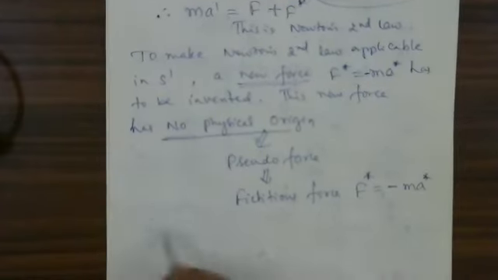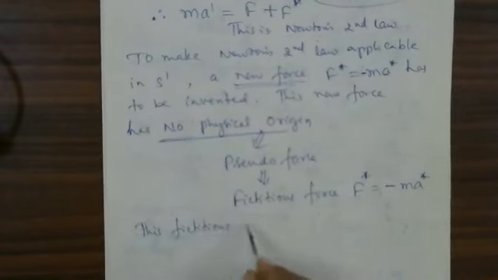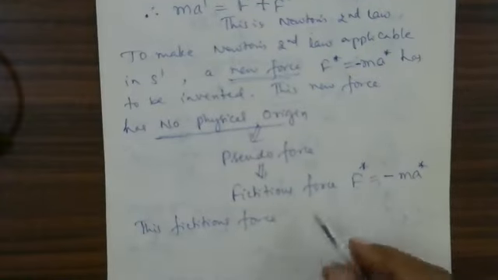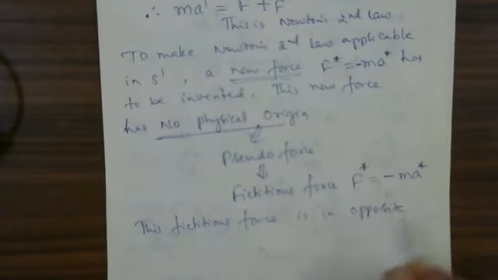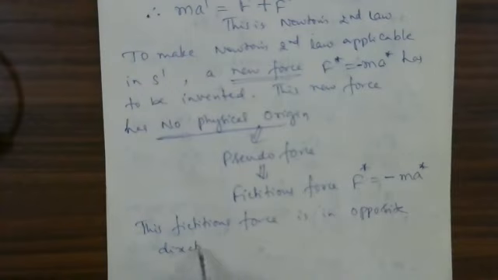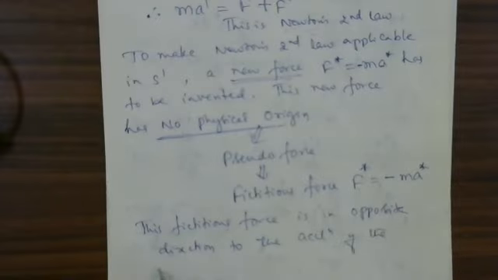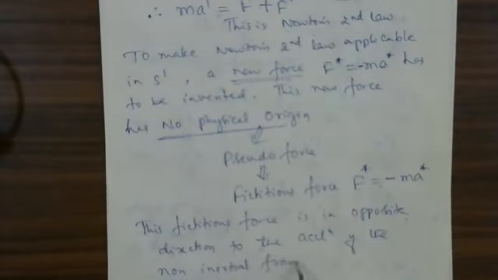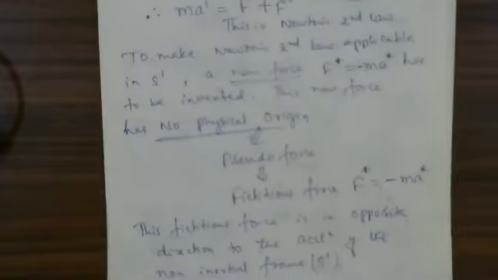So I can say this fictitious force is in the opposite direction to the acceleration of the non-inertial frame. If you write this much, you will get 6 marks. This carries 6 marks.